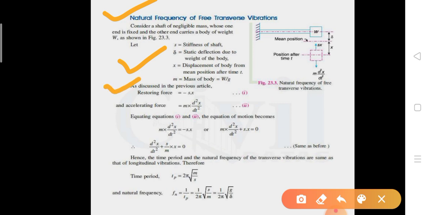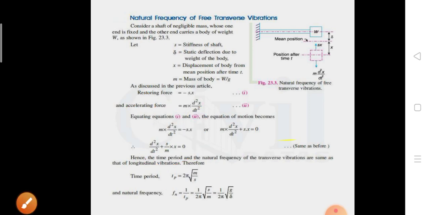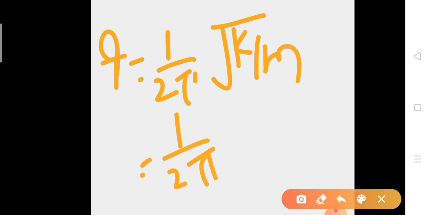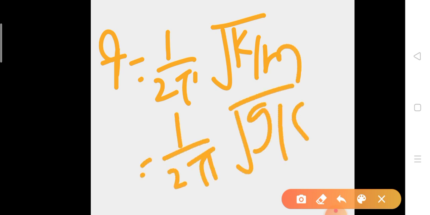Again we will get the restoring force equal to minus Sx, and the accelerating force equal to m into d square x upon dt square. Equating these, I get the final equation d square x upon dt square plus s by m into x equals 0, and the frequency is equal to 1 upon 2 pi under root k by m or 1 upon 2 pi under root g by delta.